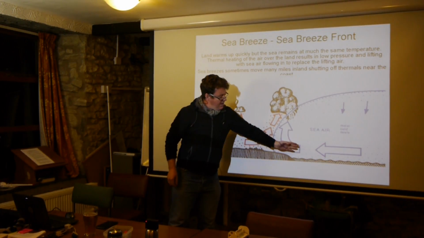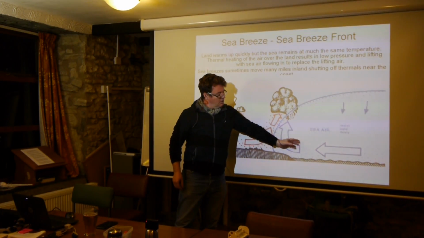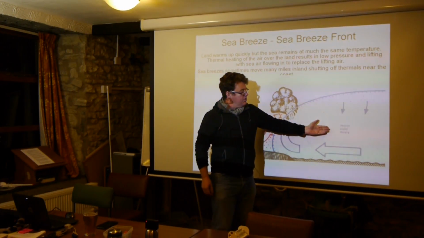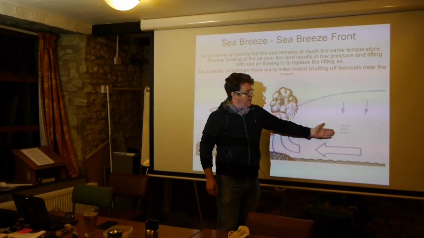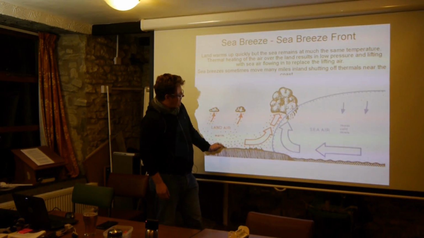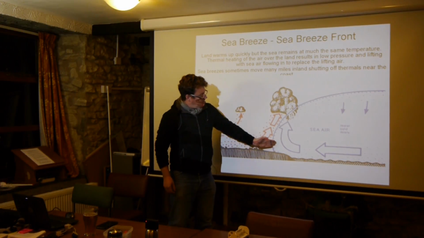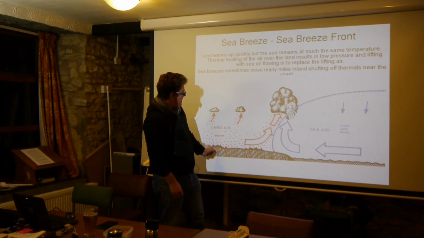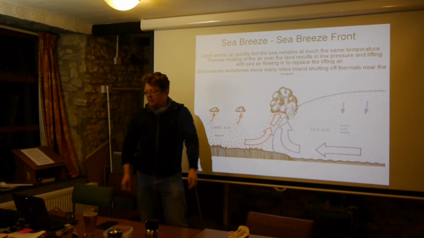And where the air from the sea, which is quite a significantly different air mass, moist and cold, and can have poor visibility, is pushing in and moving the land air out of the way, you end up with a sea breeze front.